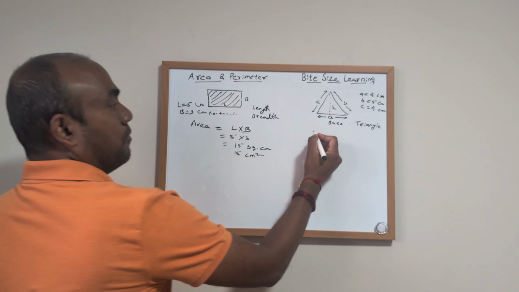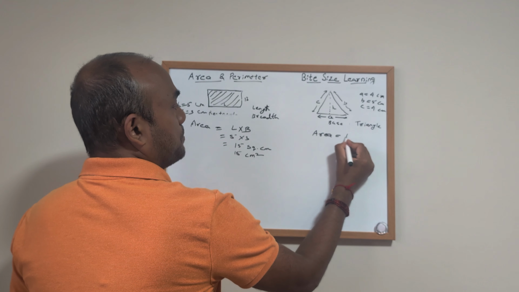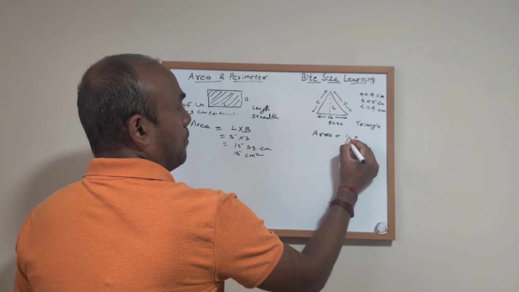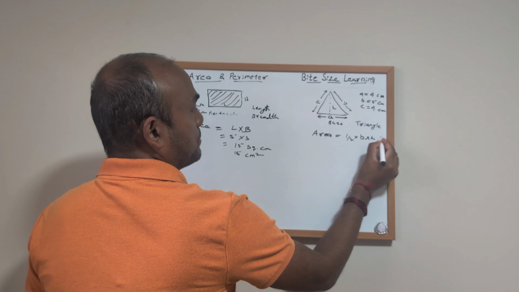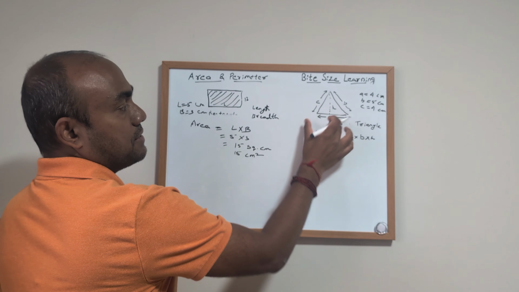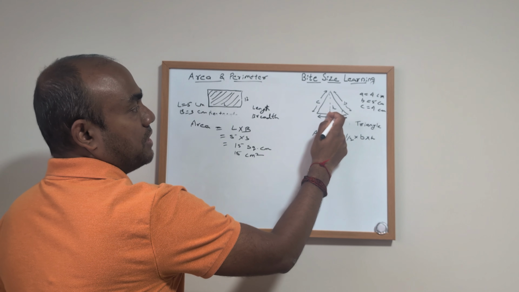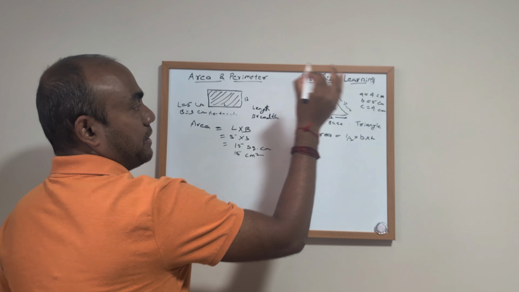Now when we want to calculate the area of a triangle, it is 1 by 2 times base times height, right? Base is the base of the triangle, and height is an imaginary line from the triangle touching the opposite vertex.